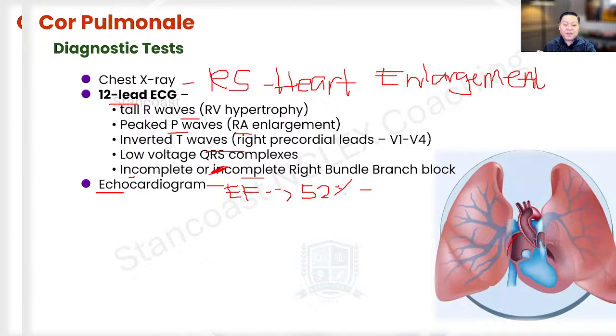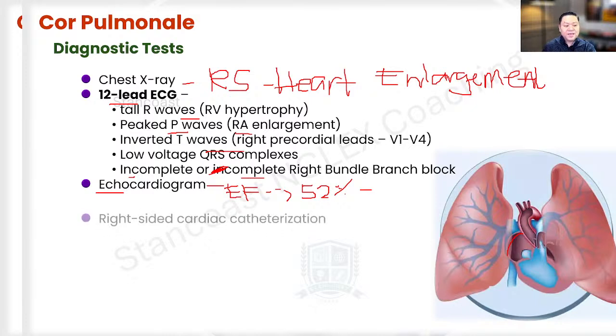Now, if there is a reduction in the ejection fraction, it simply means that the ventricle or ventricles are not really able to pump the blood from the right or the left ventricles. It's not able to really push the blood out into the lungs or into the systemic circulation. And so here we are really going to see that, hey, we are now seeing this patient with some form of right-sided heart failure.